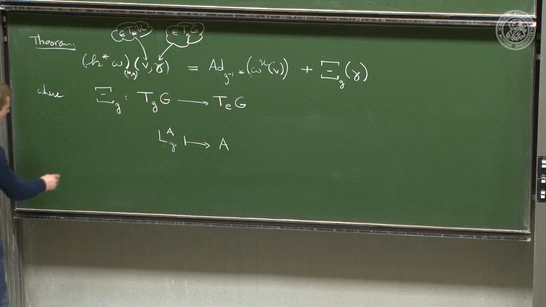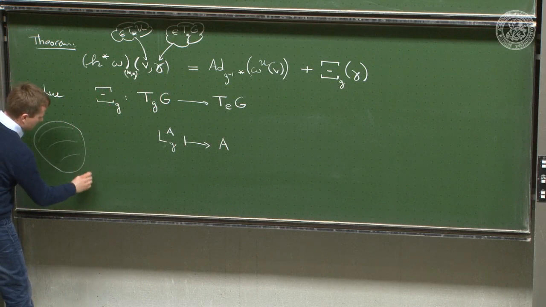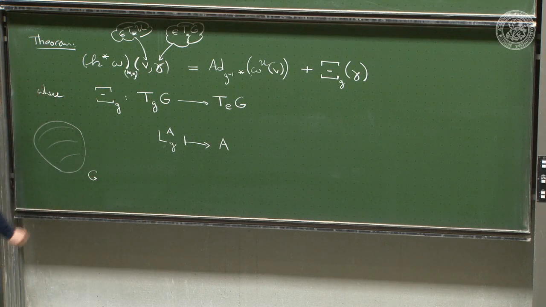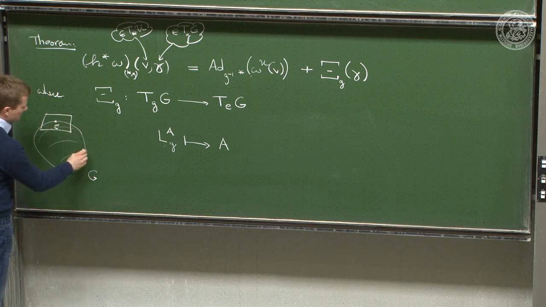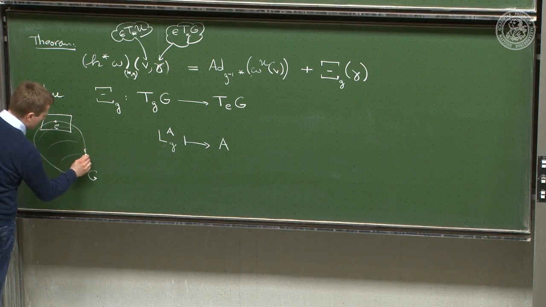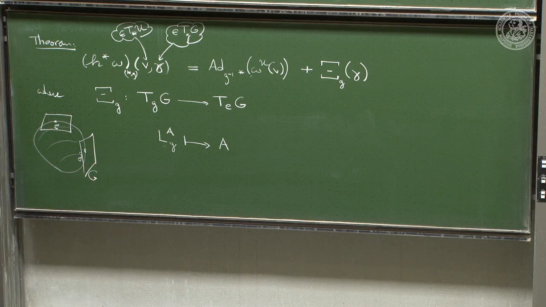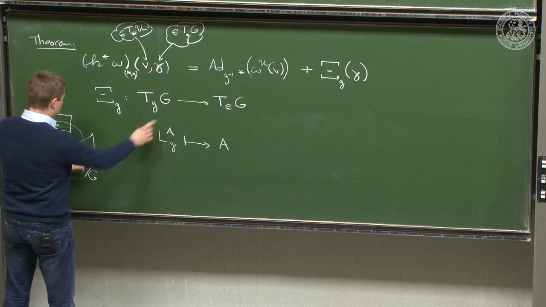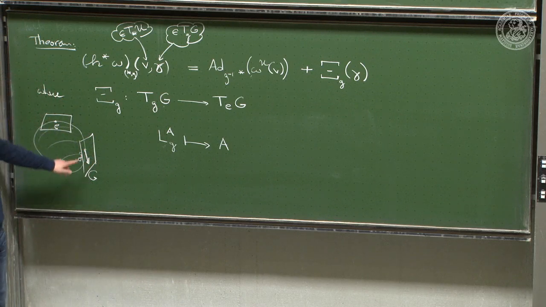Okay, so let me make a picture. So assume here the surface of the sphere is the Lie group. You have here the identity. So there's the tangent space to the identity. Let's assume here we have the Lie group element G. There's a tangent space here. So we are at the tangent space here, and we take an arbitrary vector from this tangent space, say this one.